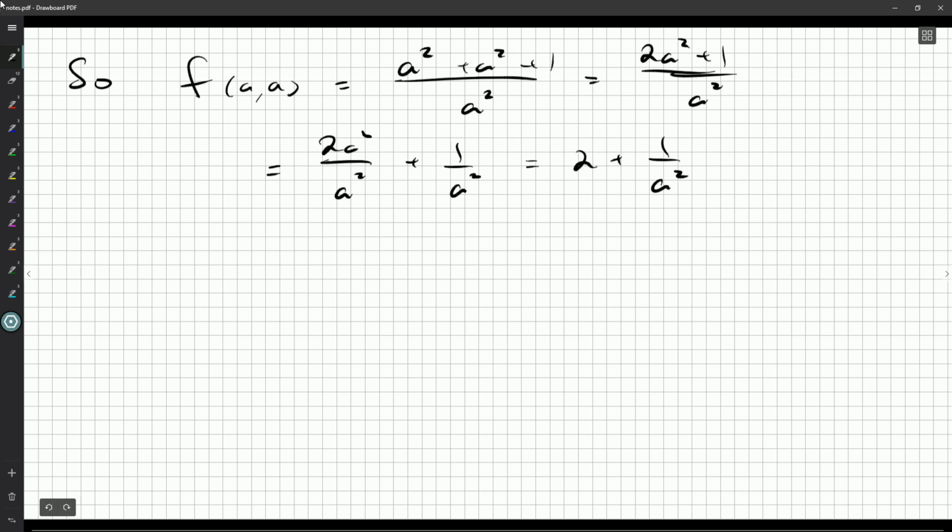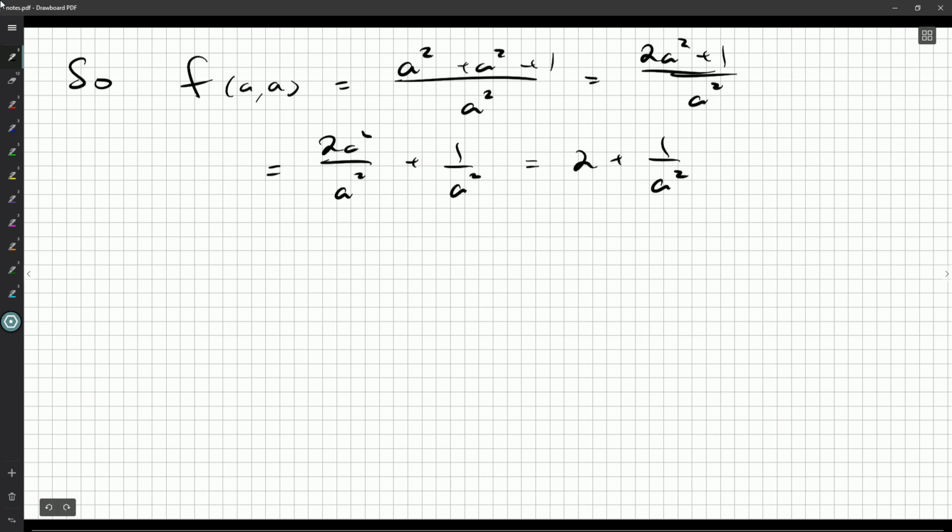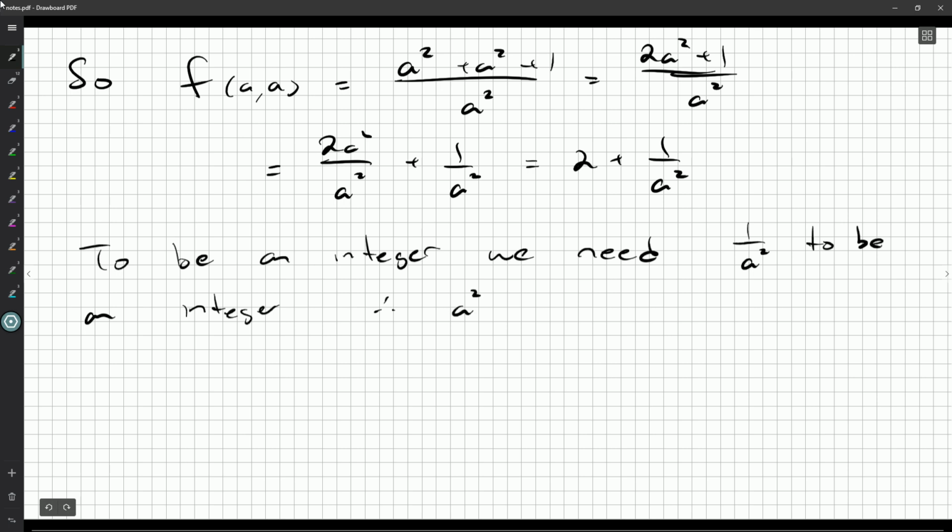And for this to be an integer, we want positive a. So to be an integer, we need 1 over a squared to be an integer. So a squared has to divide 1. There's only one positive integer a that will do that.